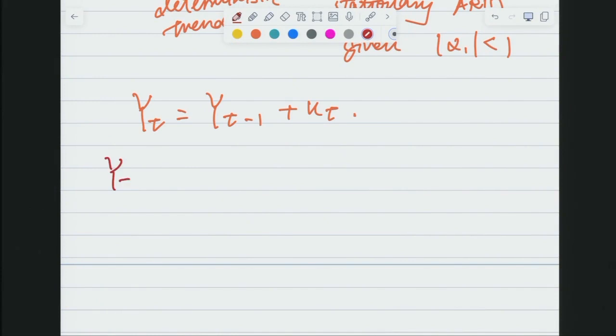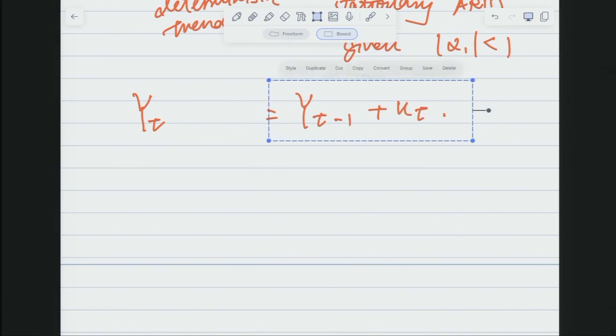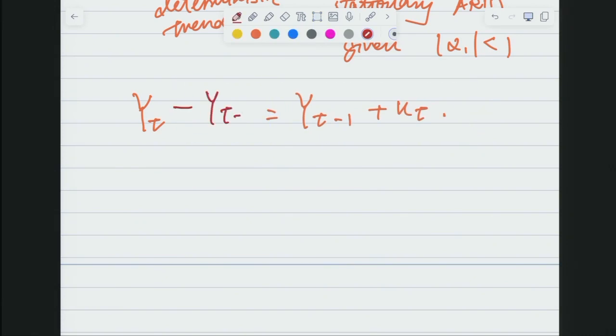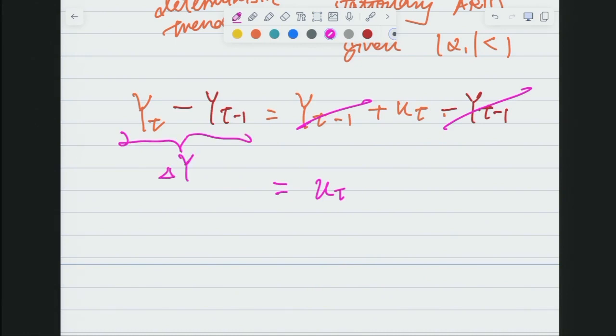Imagine if you subtract yt minus 1 on both sides of the equation. Then what is left on the right-hand side is just the ut, the white noise component, because the yt minus 1 cancels itself out. And what is on the left-hand side is essentially the first difference, the delta yt.